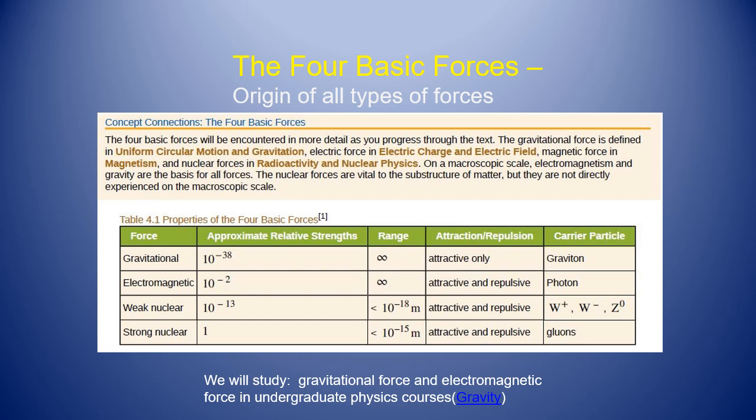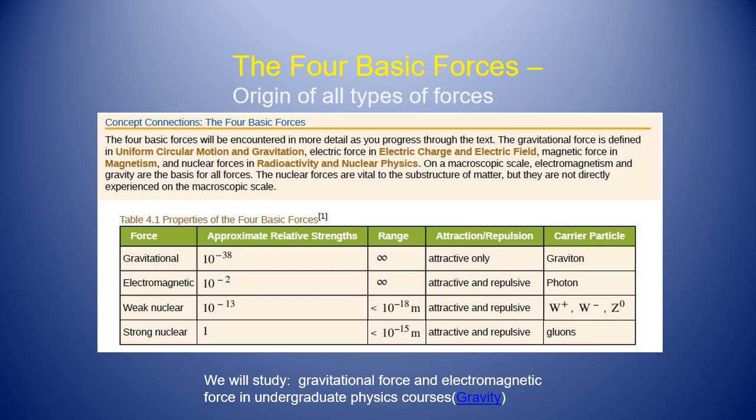In nature, there are four fundamental forces, you can say basic forces. All other forces originate from these four types of forces, and they are gravitational forces, which are very small, but noticeable if the mass is big.